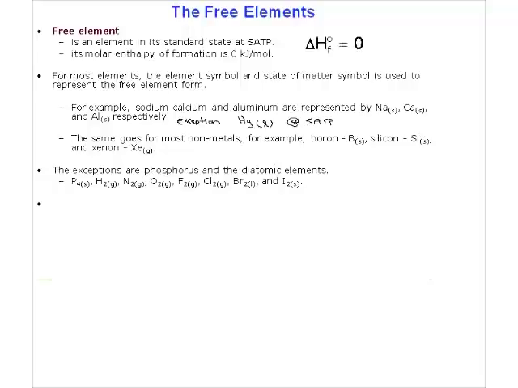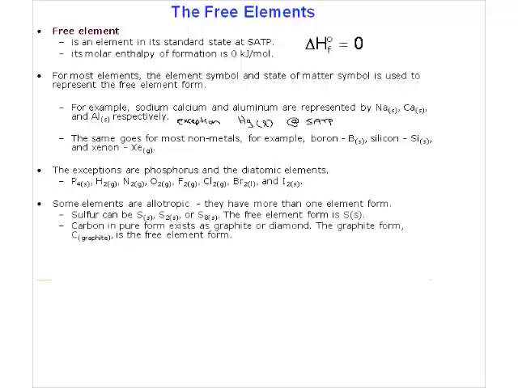If I'm giving you a multiple choice and I say which one is at standard temperature and pressure, or which one is going to have an enthalpy of 0, mercury gas would not be 0. It would be excited. Some of these other elements are what's called allotropic, which means they can have more than one form at room temperature. For instance, sulfur can have 3 different forms, S, S2, or S8.